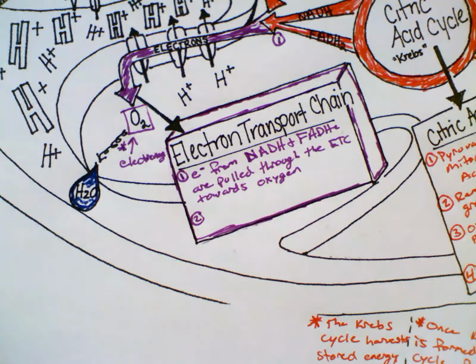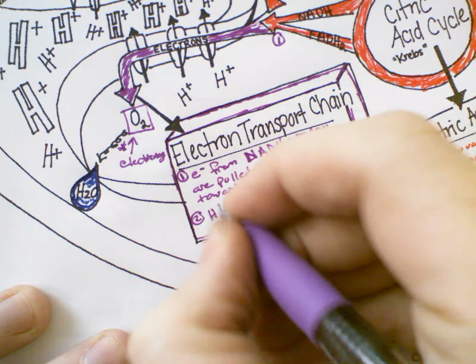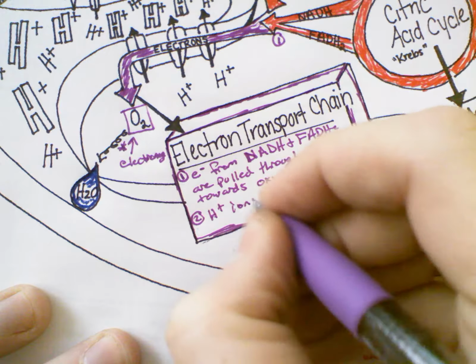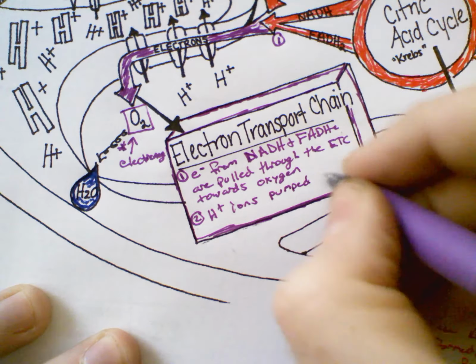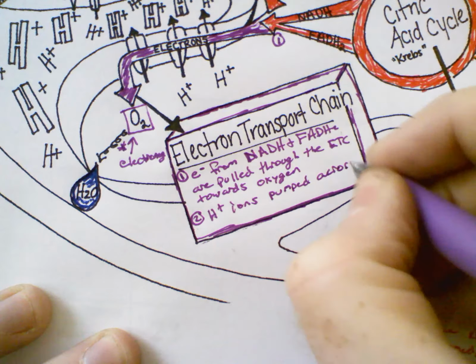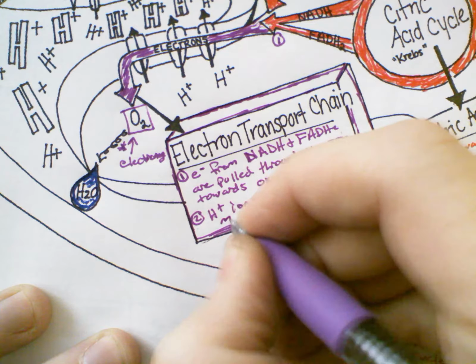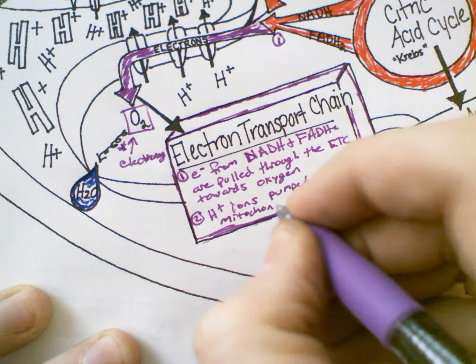Well, as those hydrogens fall down that cascading series of proteins, what those proteins are is they're protein pumps, hydrogen pumps. And the energy from those electrons falling through the proteins is going to start pumping hydrogen ions. So hydrogen ions are pumped across the mitochondrial membrane.